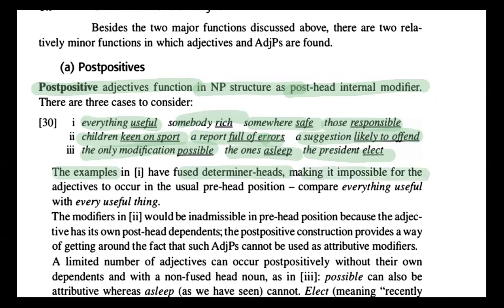it impossible for the adjective to occur in the usual pre-head position. يعني ما لأنه determiner محذوف, تمام. فاجت الصفة وين؟ ما كان عندي إمكانية إنه تجي الصفة قبل الهاد. لهيك الصفة اجت بعد الهدية اللي هي everything here. فهيك اجت everything useful. لازم عادة مثلا useful بنقول مثلا a useful lecture for example.